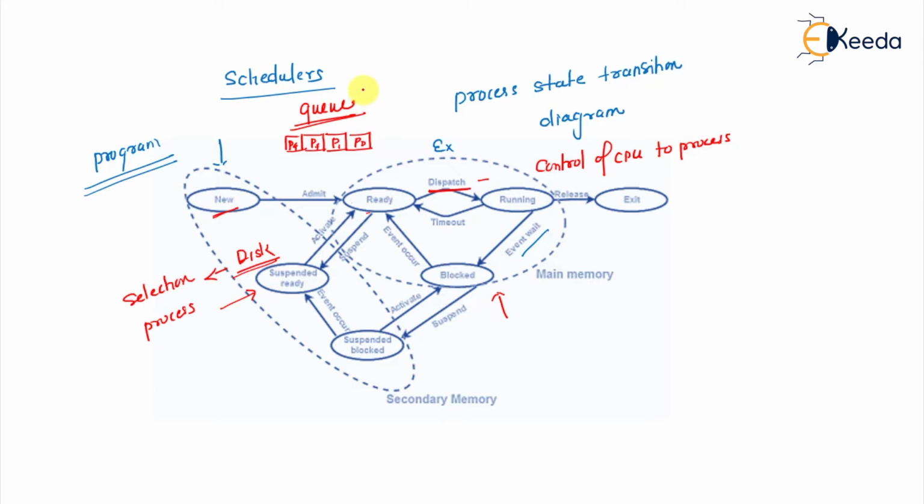Now this particular topic deals with these queues and the entire set of programs that perform the selection process. We will come back to this diagram, and I'll explain which scheduler comes where. The state transition diagram will definitely help in that case.